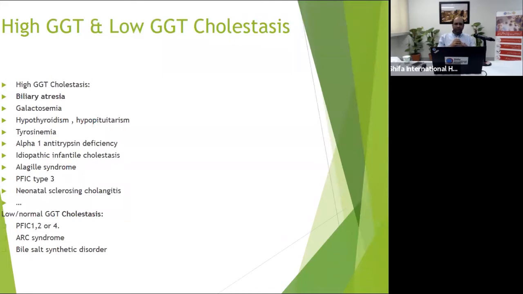However, coming to our residents and senior colleagues, we liver people sometimes or most of the time start thinking with the classification based on gamma GT, that is high GGT cholestasis or low GGT cholestasis. In high GGT cholestasis, biliary atresia is one of them, along with other conditions. And in the low GGT cholestasis, we have some syndromes that run in the families.